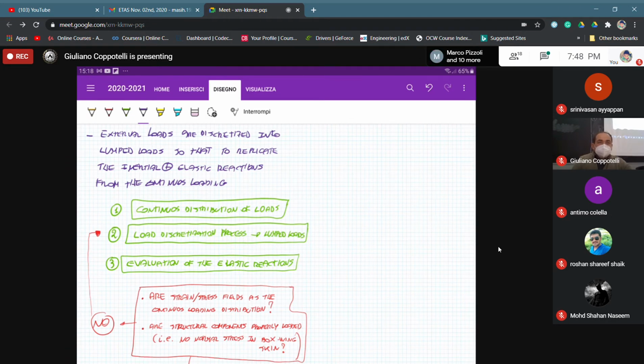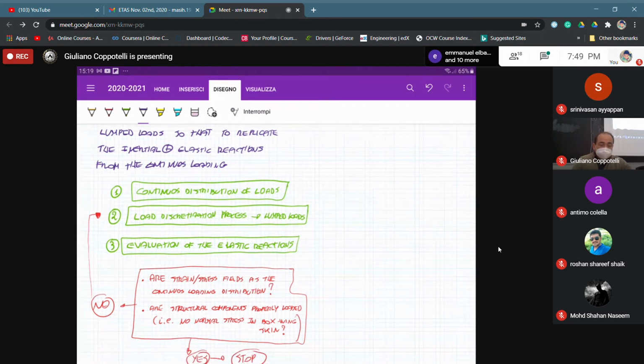Then you apply those loads and evaluate the resulting state of stress, state of strain, the elastic behavior generally speaking, and you compare this with the one that you got from continuous loading. If they are practically the same, then you are done. If not, you have to redo by following the block diagram that I just plotted.